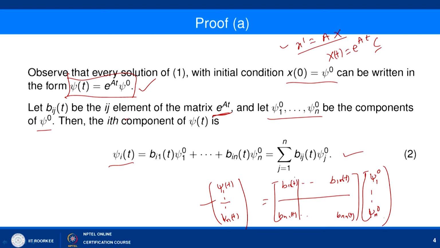Then any column of e to the power At may be of the form q_i(t) e to the power lambda_i t, where this q_i(t) is a polynomial in t whose degree is at most n minus 1, it cannot be more than n minus 1.